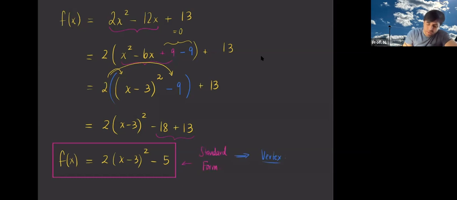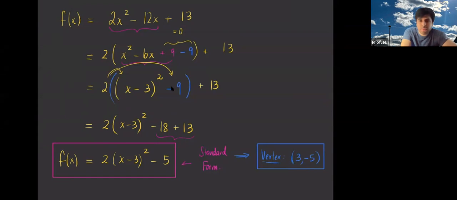I can figure out the vertex. So what's the vertex of my function? What are the coordinates of the vertex? Three comma negative 5. Very good. Done.